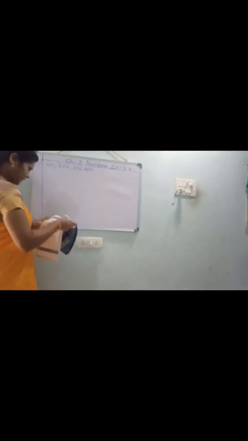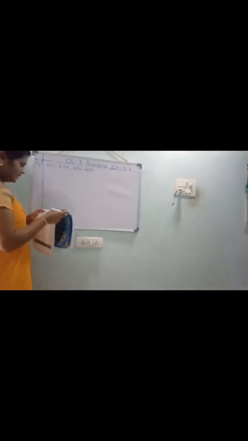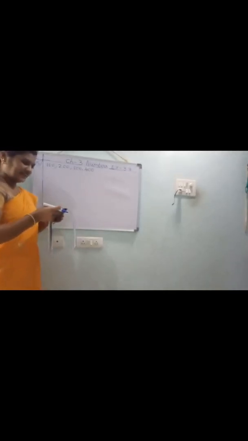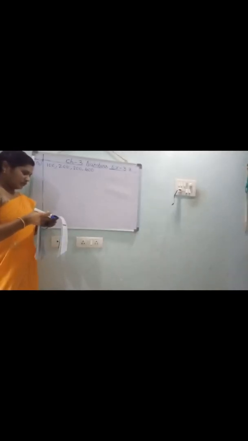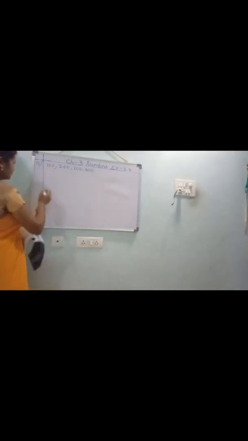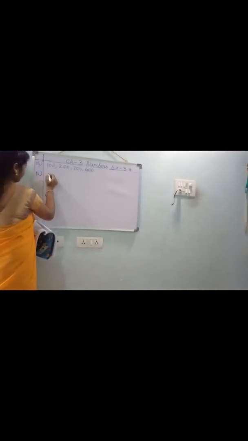See, you should compare the digits in the hundreds, tens and ones place of those numbers. See, 16th one.